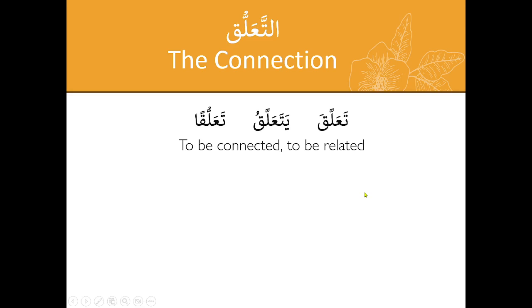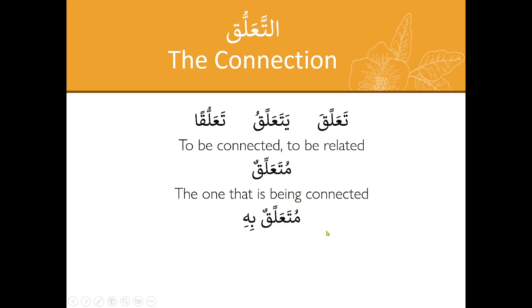As you know, when we have a verb, we have two kinds of words: the isim fa'il and the isim maf'ul. So when we say muta'alliq, we are looking at the isim fa'il, the one that is being connected. Then we have another term which uses the isim maf'ul, and we have a bihi connected to it.